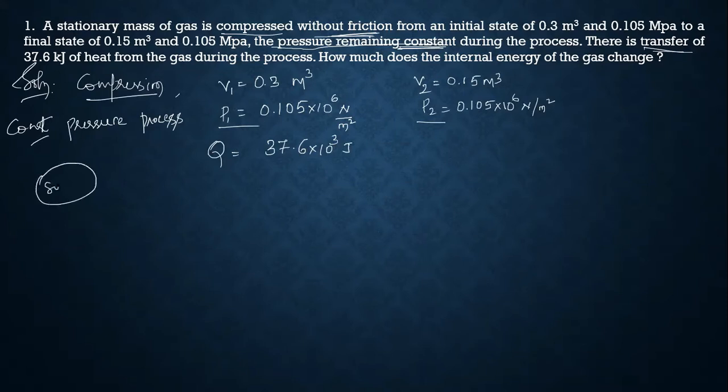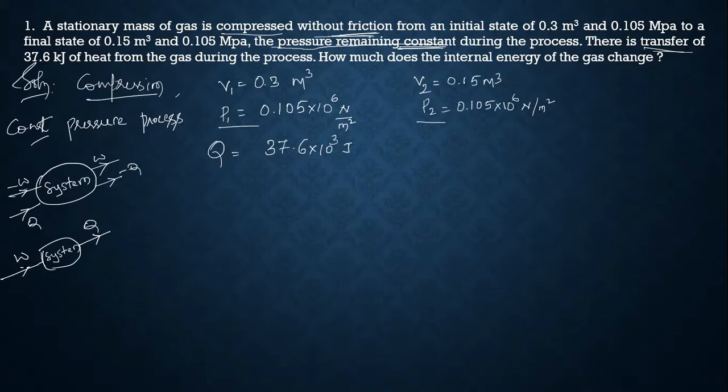This is the system. Work done on the system is negative. Work done by the system is positive. And heat absorbed is positive. Heat liberated is negative. Now it is a compression process. For a compression process, work is done on the system. If work is input, then obviously we convert it into another form of energy, that is heat.